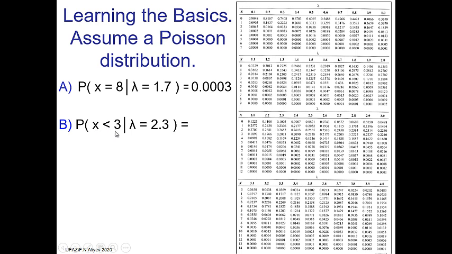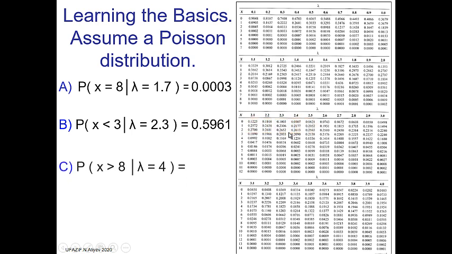That's why in order to find this, you may add for lambda 2.3 the values for x 0, 1, and 2. It's a discrete distribution. That's why you should take only discrete values 0, 1, 2. And add up these probabilities. You obtain this answer. You may use the formula. You will get the same result for sure.